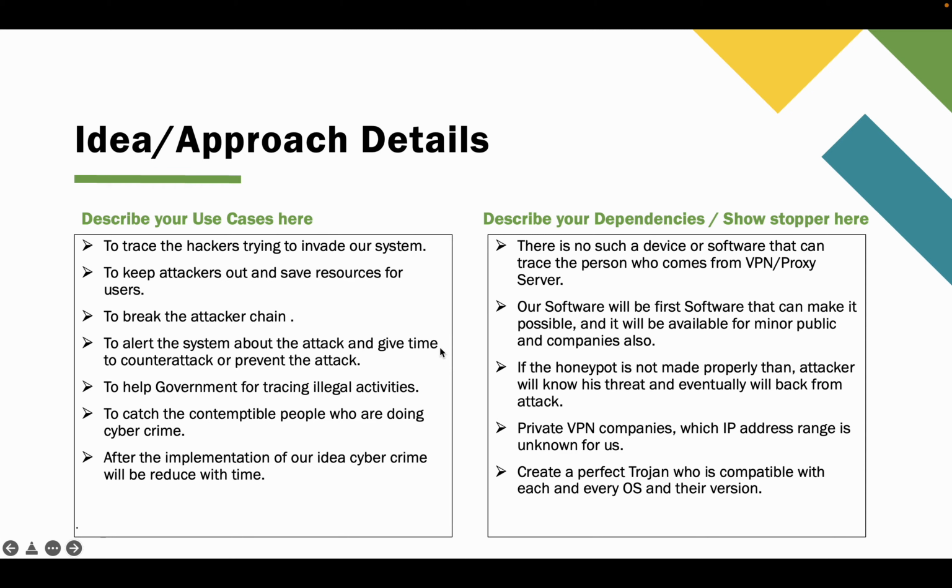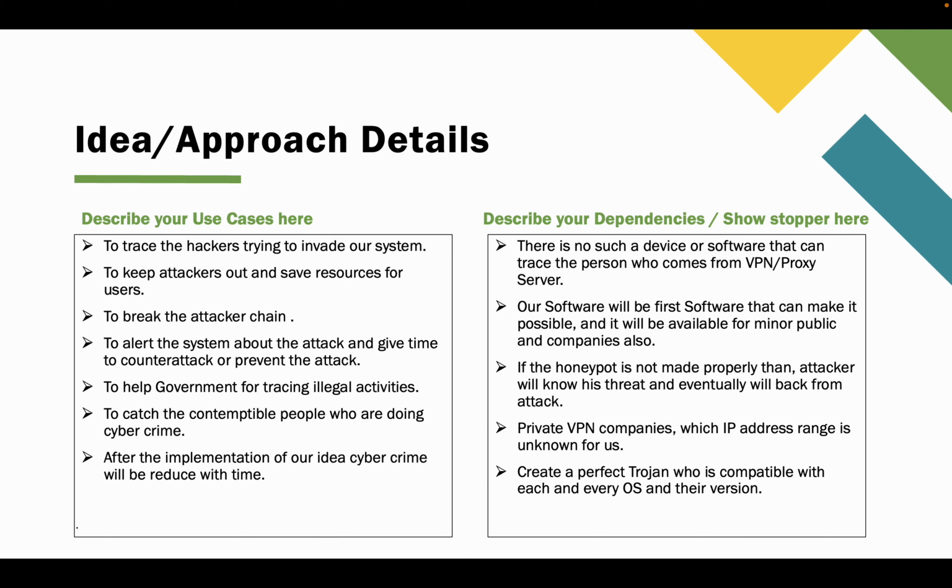It is very difficult to trace an unauthorized person who comes from a VPN, and it requires a lot of intelligence and cybersecurity knowledge. But now, with the help of our software, it is very easy to trace that hacker. So our software will be the first of its kind.